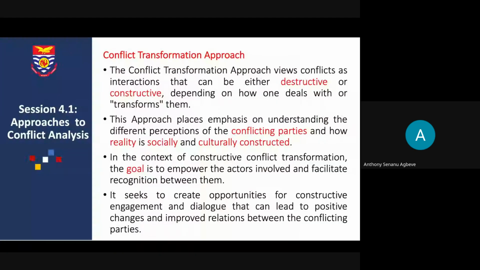So in trying to use this approach, you have to be very circumspect on how you go about it. Of course, you have to talk to both parties. For instance, if you don't talk to both parties and you just talk to one side, the tendency that the other party might construe it to be biased will be high.